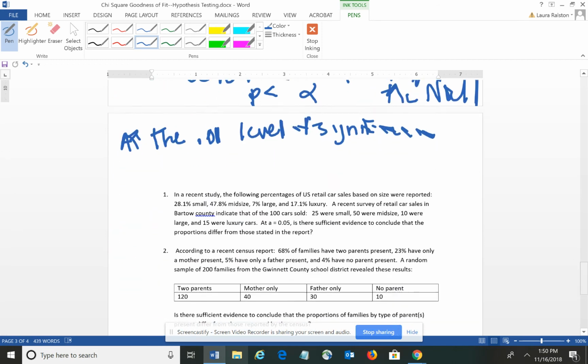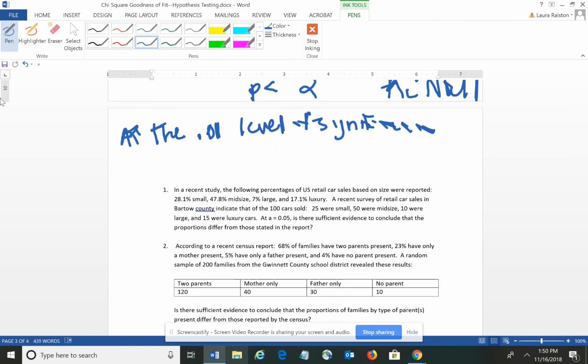So we're saying that the flavors are not selected with equal frequency. I don't know what's going on with this pen, so let me type it here where you guys can see it.